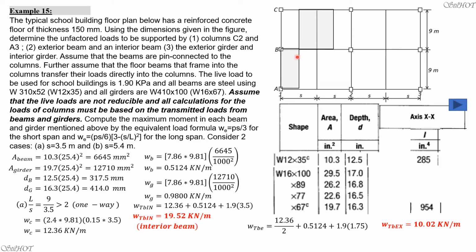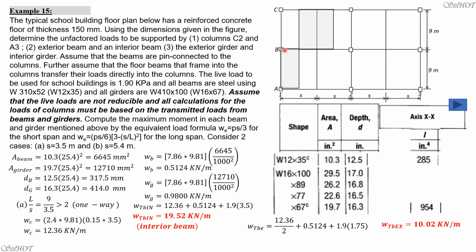Now, if this is the loading distribution, then for the exterior girder, the loading would be the uniform weight of the girder and the reaction at the end of the interior beam for that beam.